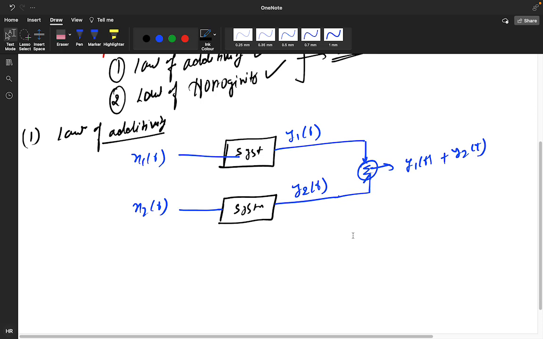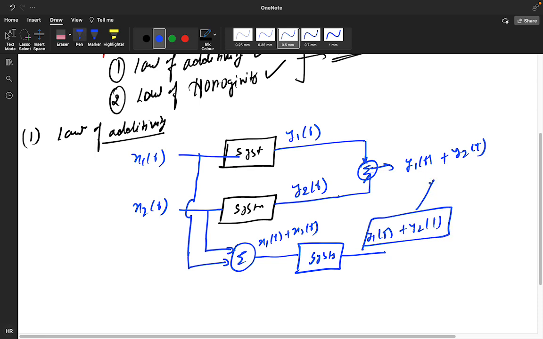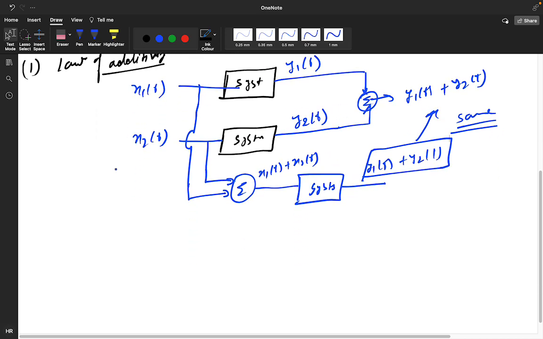Now we are giving the sum of the inputs first: we do the summation, so our input will be x1 of t plus x2 of t, then we pass it through the system. And if we are getting y1 of t plus y2 of t, if this and these are the same, that means your system is following the law of additivity.